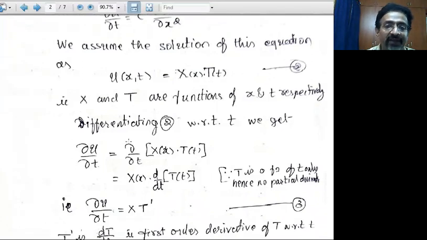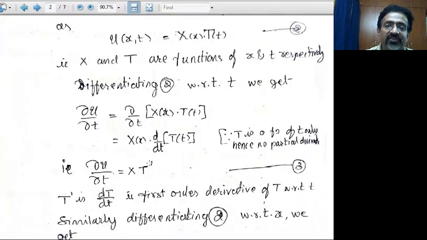So it gives me del u by del t is equal to X times T dash. Capital X is constant with respect to t, because it is a function of x only, so I take that out.